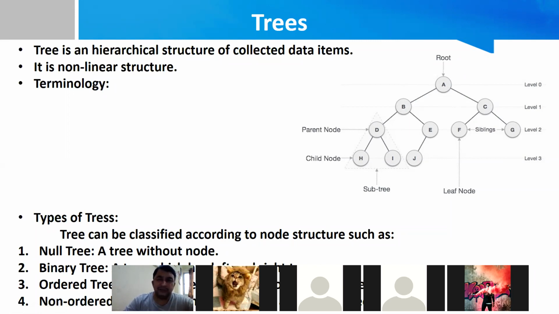And as it is a binary tree, a node will not have more than two children, right? See in this example, B consists of D and E. There are only two nodes.